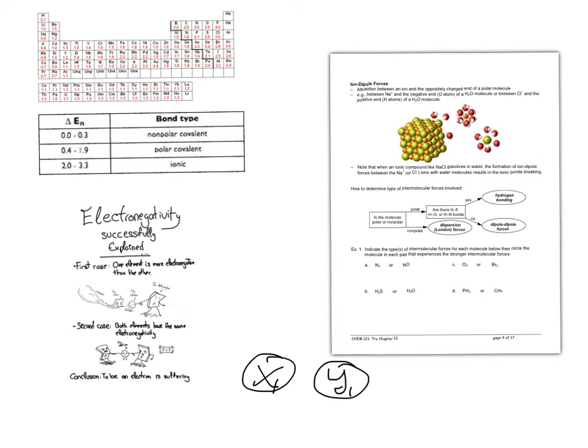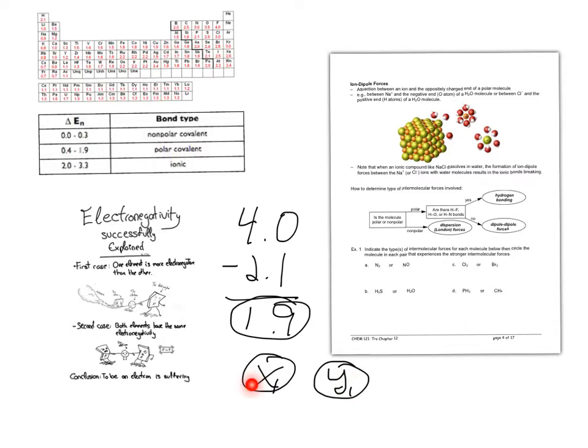So if we have, let's say, X is fluorine and Y is hydrogen, then fluorine has an electronegativity of 4, and hydrogen has an electronegativity of 2.1. So we can take 4 for fluorine and subtract 2.1, and what we end up with is 1.9. That's the delta E for this bond of fluorine and hydrogen, in this example that I'm giving you.